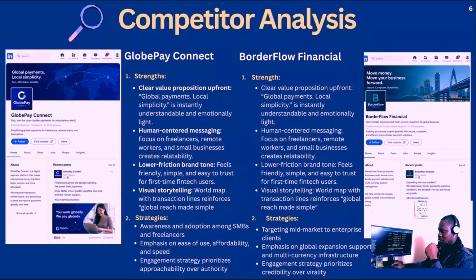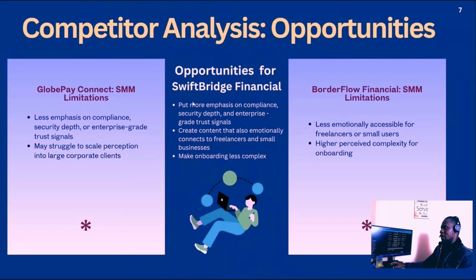And then we checked the limitations that exist in their content production processes, and these limitations will inform the opportunities that SwiftBridge Financial can capitalize on, or rather optimize on, to beat these competitors. For example, you can see GlobePay Connect's social media marketing limitation.